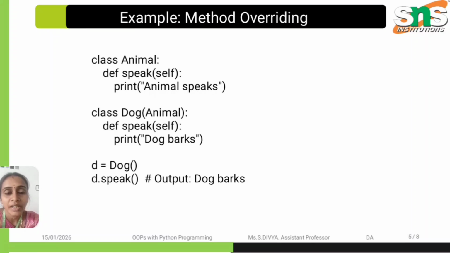Here I create an object D from the class Dog. I use the object D followed by the dot operator, and the speak method is called. The output will be "Dog barks".